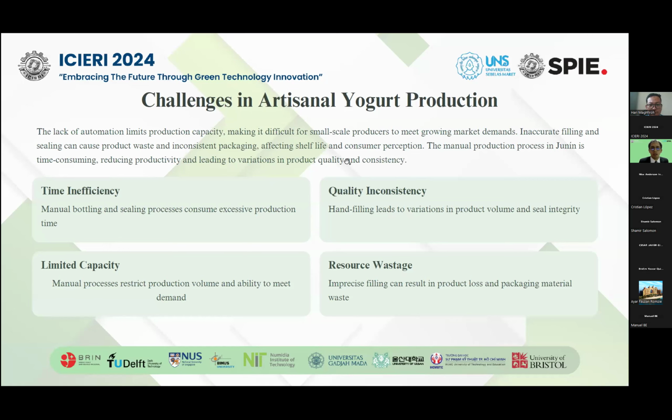The third is limited capacity. Without automation, product volume is restricted, making it hard to scale up to meet market demand. And the last one is resource wastage: inaccurate filling results in product loss and increased packaging costs, adding to overall inefficiency. These issues highlight the need for automation to enhance efficiency, consistency, and scalability in yogurt production.